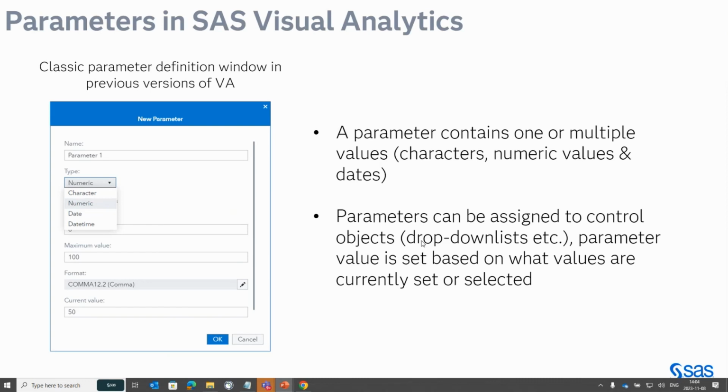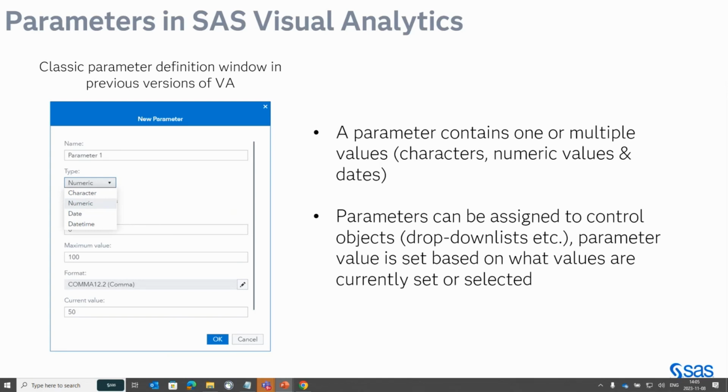And then you could assign parameters to control objects, such as drop-down lists, etc. The parameter value can be set based on what you have selected in that specific drop-down list. I know many customers are using parameters because it adds more dynamic or more flexibility into your VA report. You can do more things.